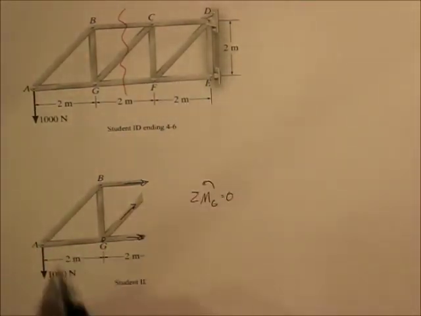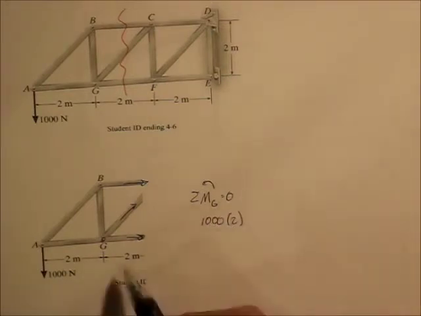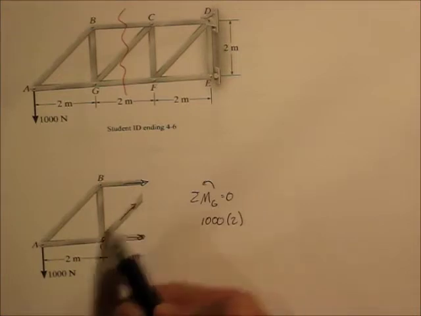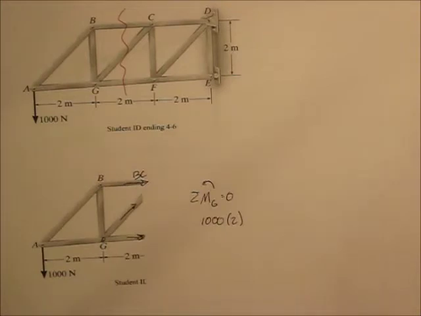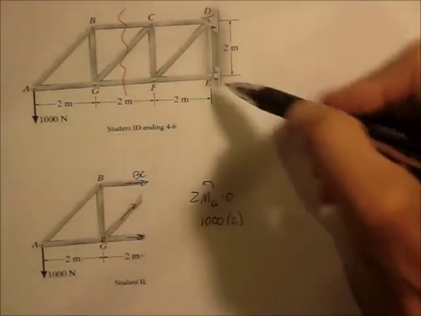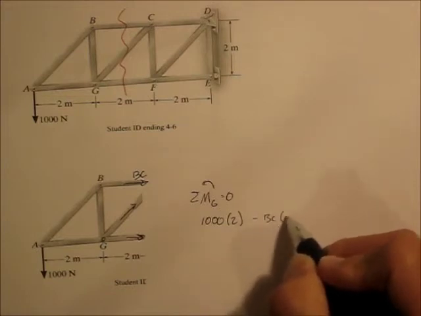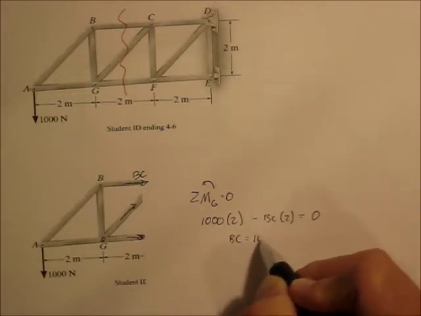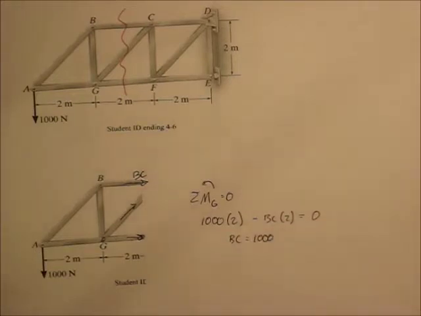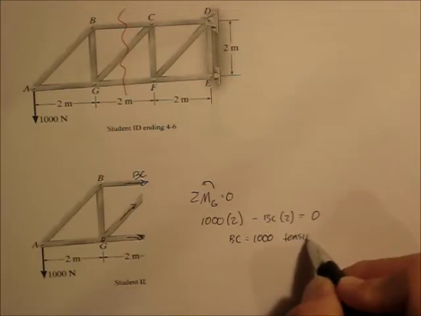So sum of the moments about G: I've got 1,000 times this lever arm times 2. That force goes through G, that force goes through G, but this is force BC, and that one has this lever arm, which is 2 meters. So that is minus BC times 2 meters, and that's equal to 0. So BC is equal to 1,000. I drew the arrow as a tension member, and it came up as a positive number, so that says I drew the arrow correctly. That is in tension.